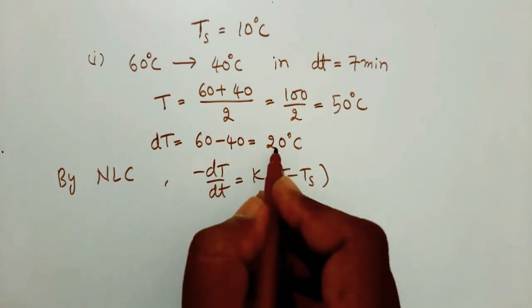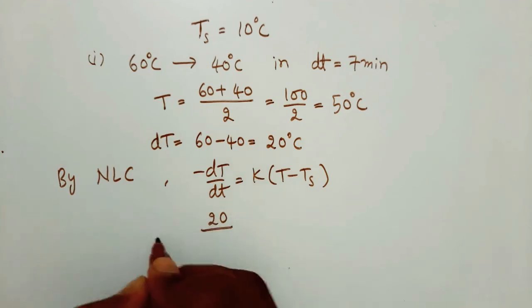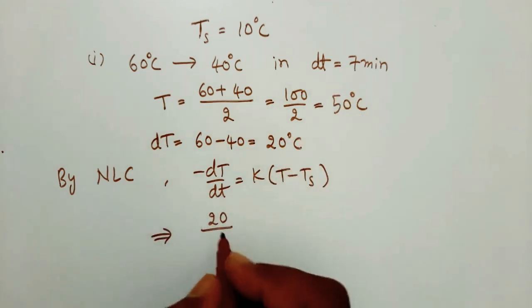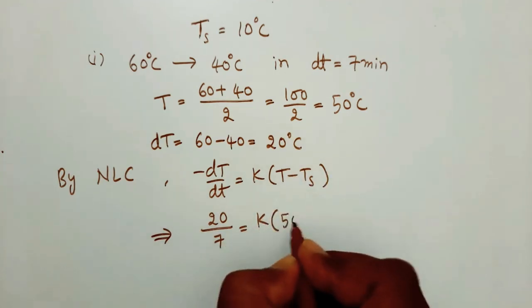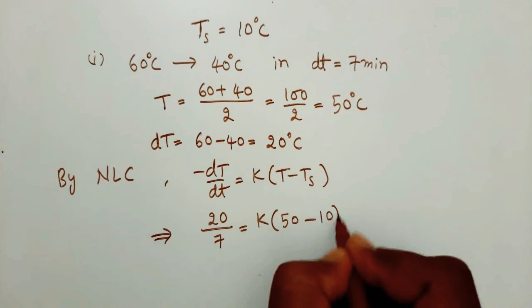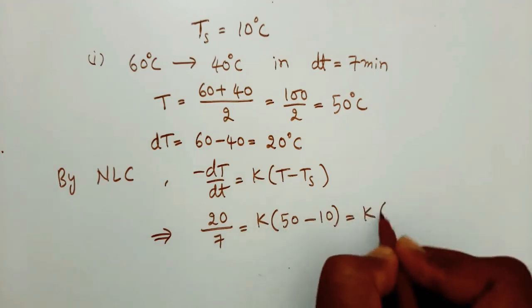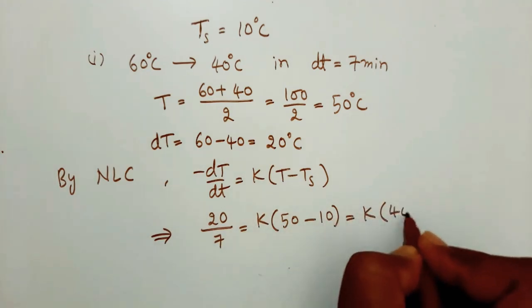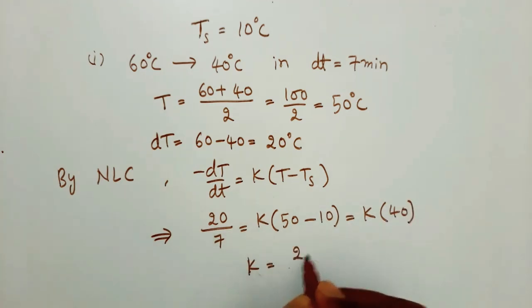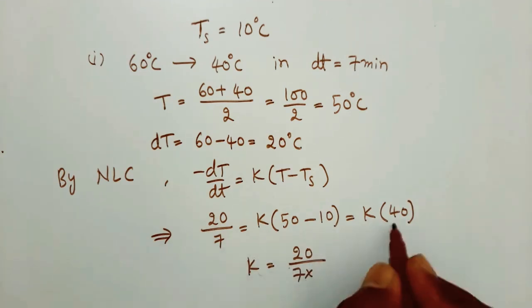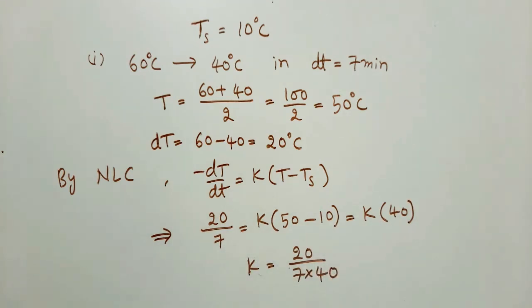Here dT is equal to 20 degrees Celsius, 20 by dt, which is 7 minutes, is equal to k into (T = 50 degrees Celsius minus Ts = 10 degrees Celsius), that is k into (50 minus 10), 40. From this, k is equal to 20 by (7 into 40). Here the zeros cancel, 2 ones are 2, 2 twos are 4. So k is equal to 1 by 14.